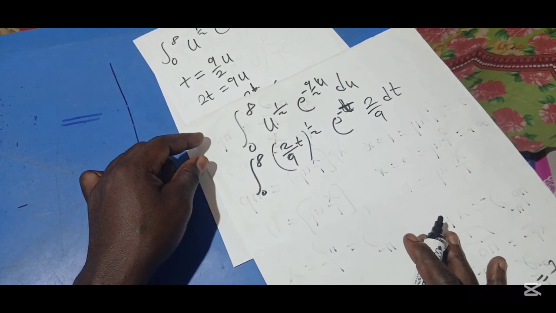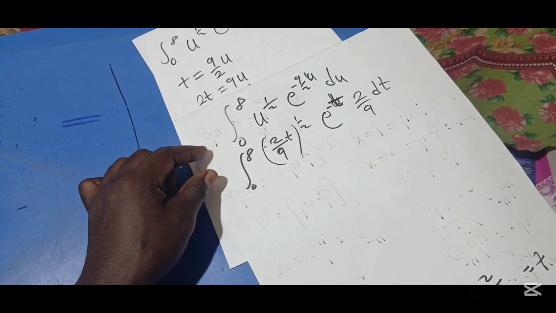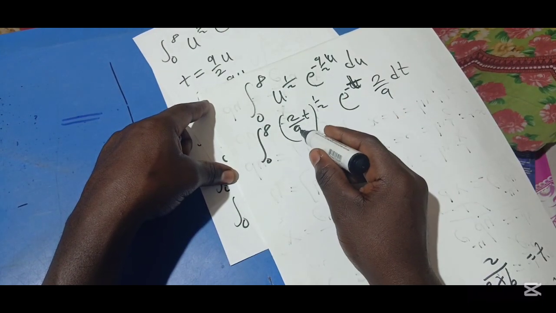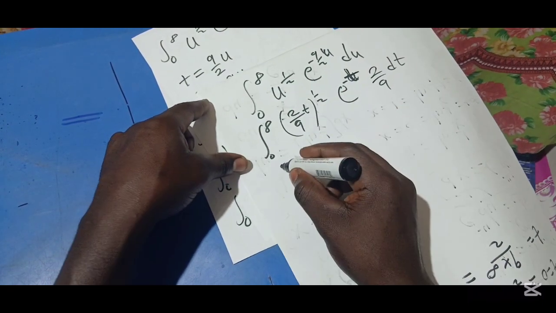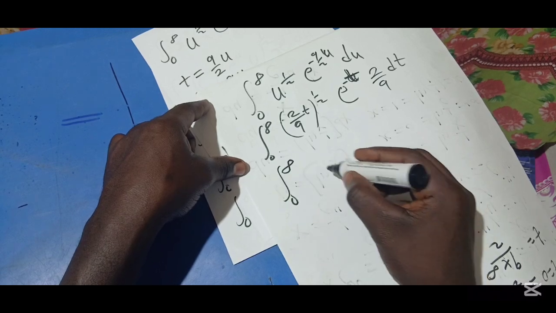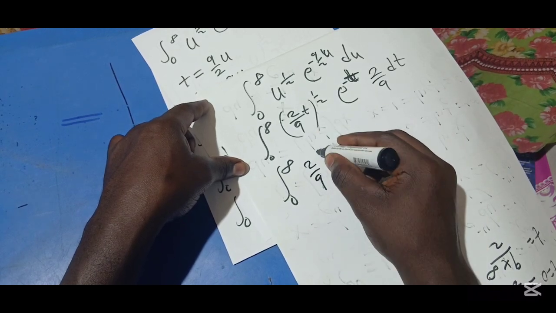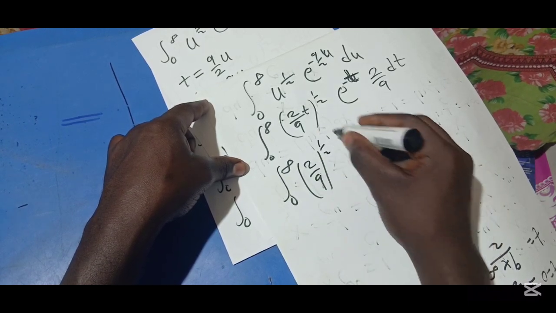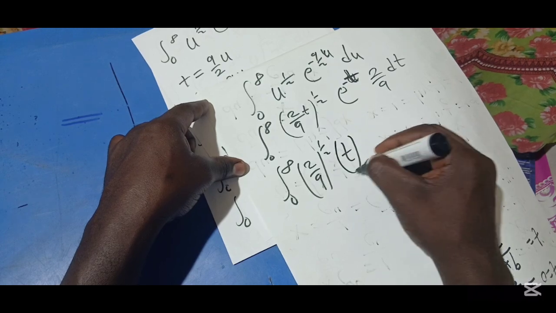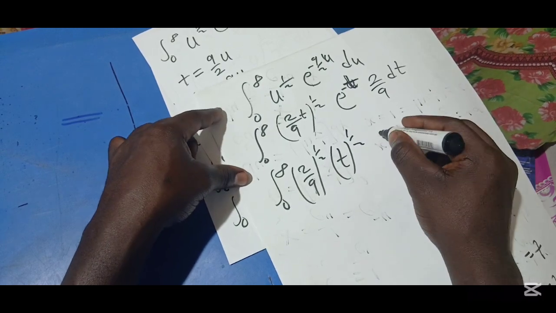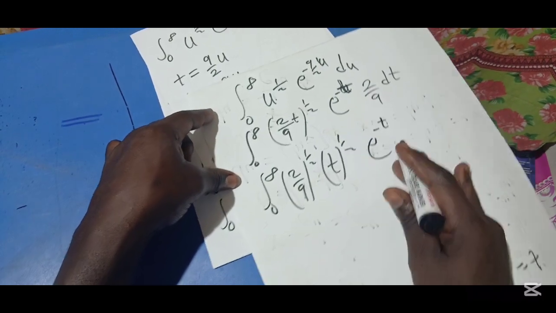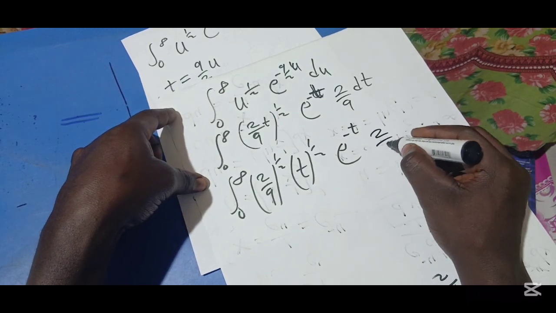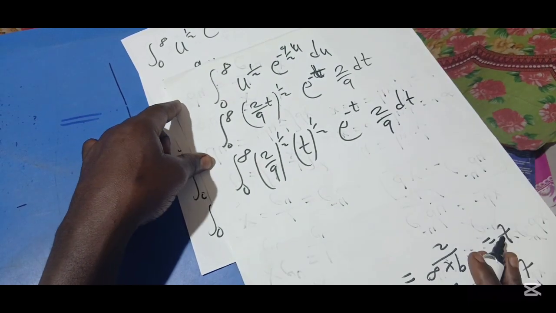Now this power right here is affecting 2 on 9 and t. So integral from 0 to infinity, 2 on 9 to the power half and t to the power half, e to the power negative t, 2 on 9 dt.